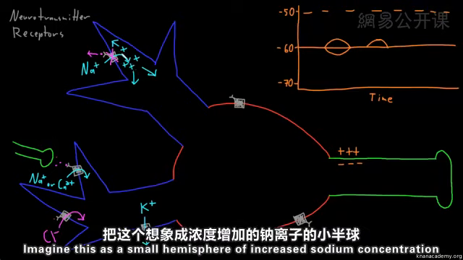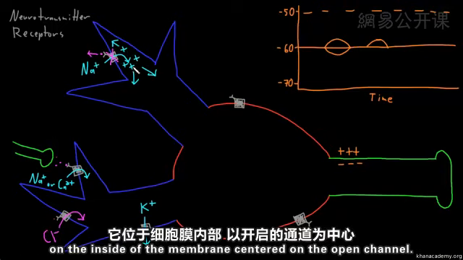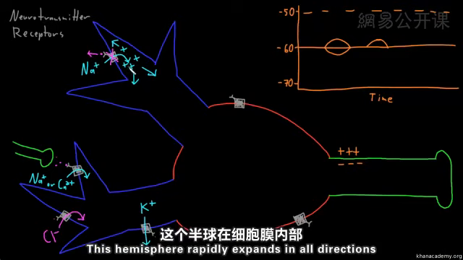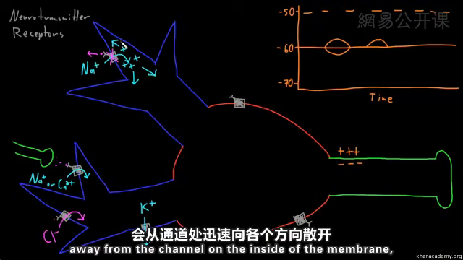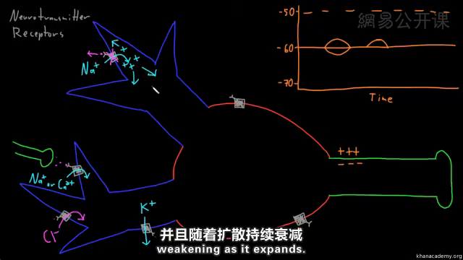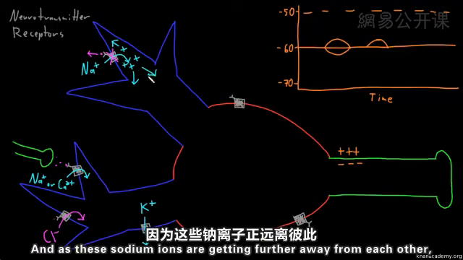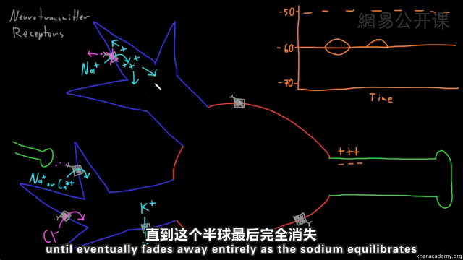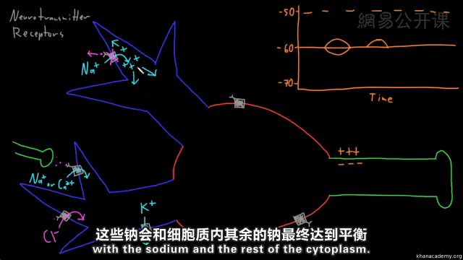Imagine this as a small hemisphere of increased sodium concentration on the inside of the membrane centered on the open channel. This hemisphere rapidly expands in all directions away from the channel on the inside of the membrane, weakening as it expands and as these sodium ions are getting farther away from each other, until it eventually fades away entirely as the sodium equilibrates with the sodium in the rest of the cytoplasm.